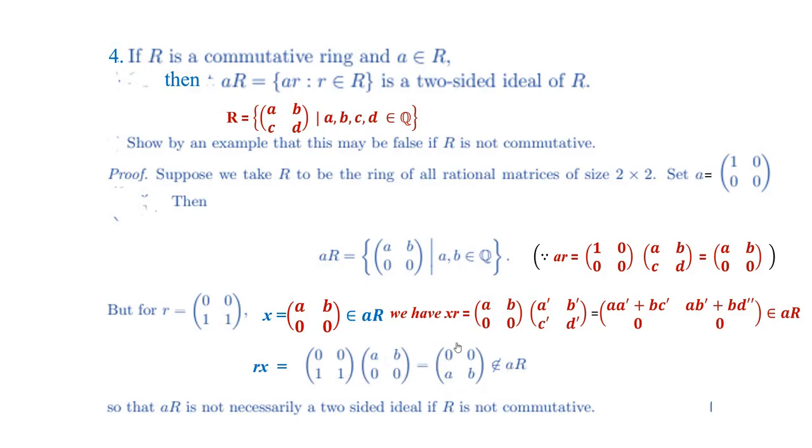Such elements are not there in aR because the second row should be 0. So we don't have rx in aR, but xr is in aR. So aR is not necessarily a two-sided ideal if R is not commutative.